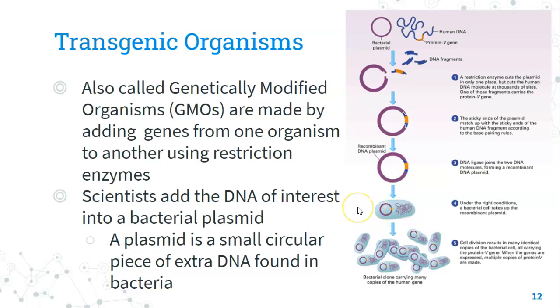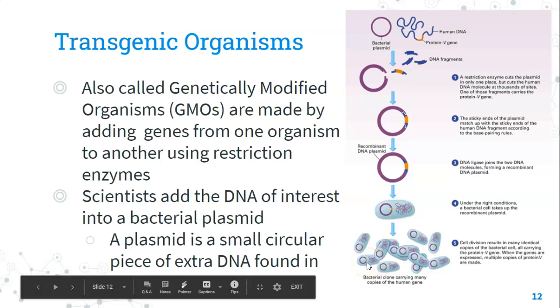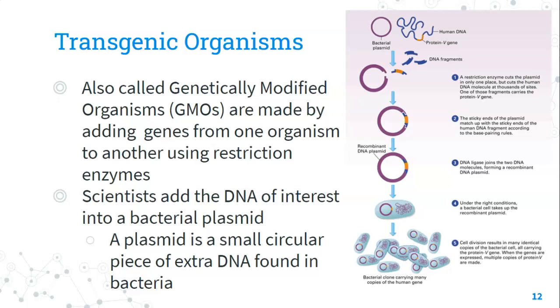And the bacterial cell doesn't know any better, so it just replicates, does what it does best, and just replicates and replicates and replicates, and then you're left with millions of copies of this new recombinant DNA, and you can use this recombinant DNA in a variety of ways. And we'll get into that, but this is the process that scientists have used for years and are continuing to use to make transgenic organisms, or more commonly known in the public sector as GMOs.